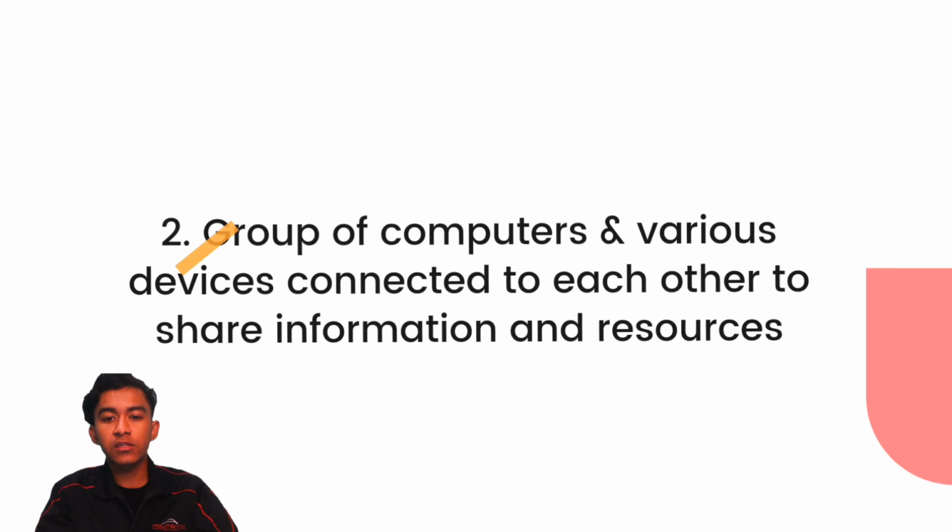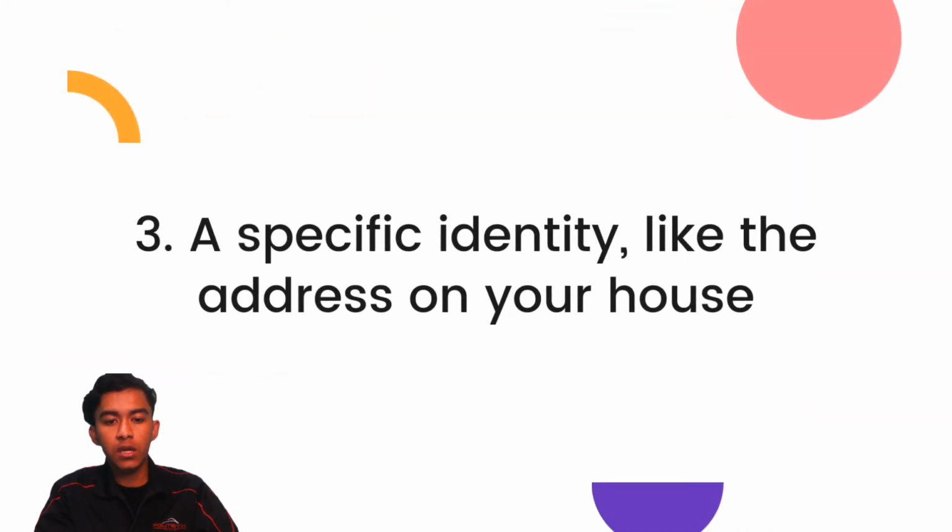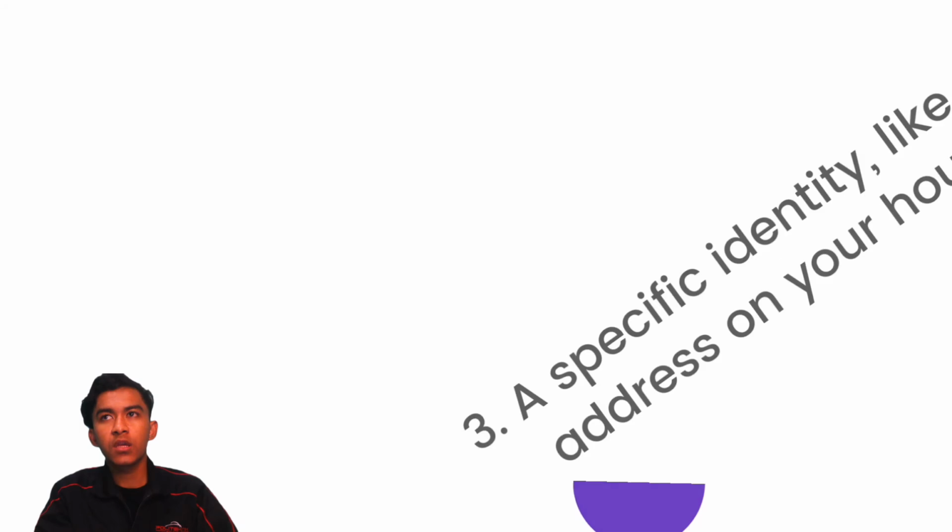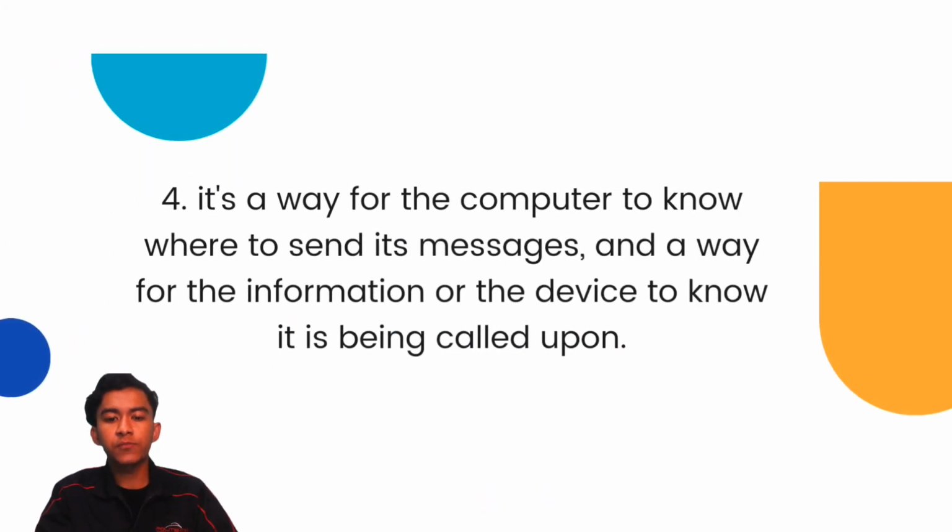The next point is a specific identity, like the address of your house. And for the last point, it is a way for the computer to know where to send its message, and a way for the device to know it is being called.